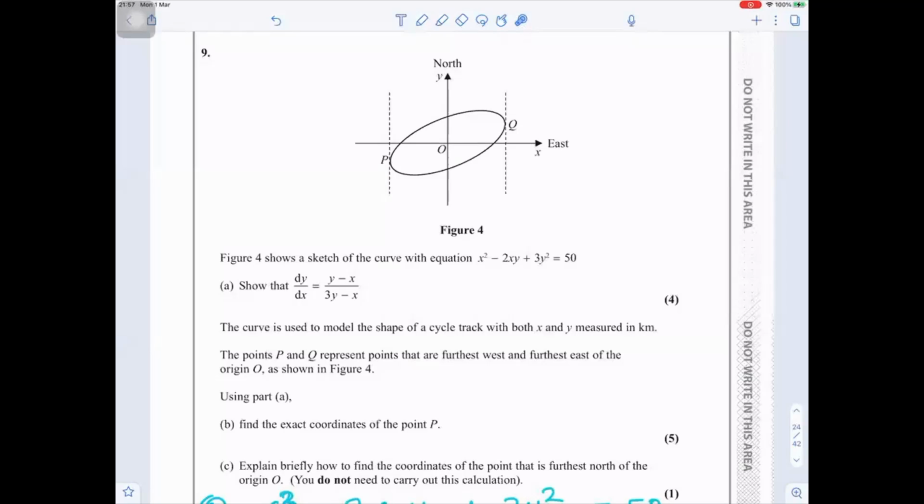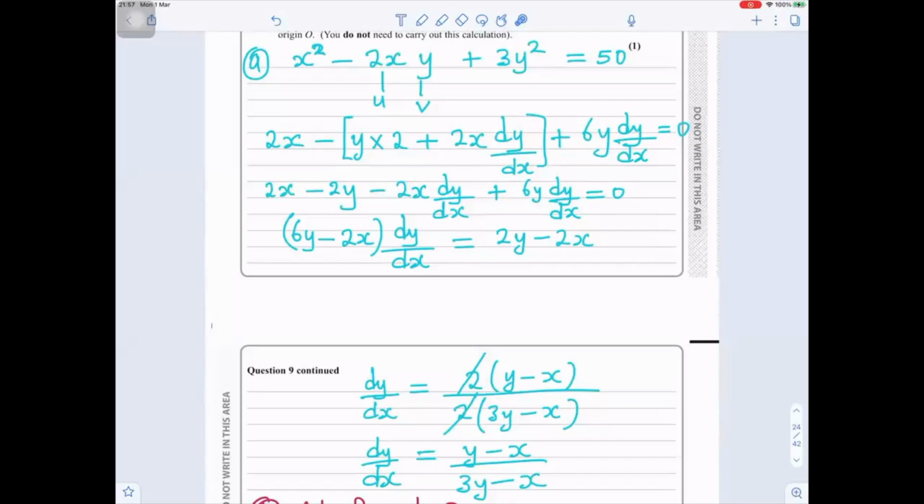Question number 9. Figure 4 shows a sketch of the curve with equation. Show that dy over dx is equal to y minus x over 3y minus x. When we differentiate x squared, we get 2x. Power to the front and minus 1 from the power, so it's 2x. When we want to differentiate 2xy, this is where most students have problems.